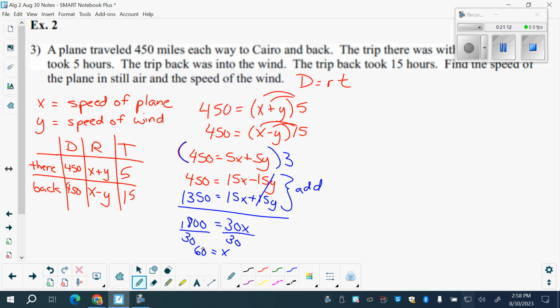And x is 60. Just like before, we want to take this 60 and substitute it into either one of the original equations. We can use either one of these two red equations here.